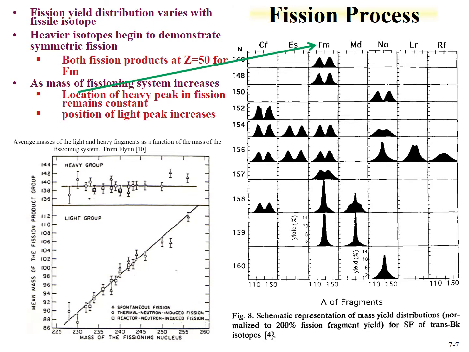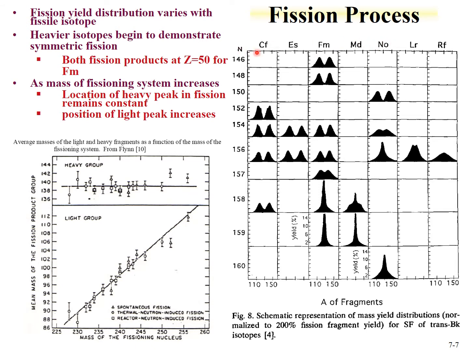So if we look at fermium, as the mass of this fissioning system increases, the location of the heavy fission peak will start to coalesce with the light fission peak, and we can see areas on this curve where we're plotting N, the number of neutrons, against the mass of the fission fragments for the different Z plotted here.